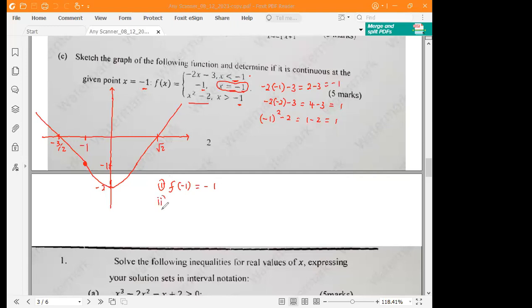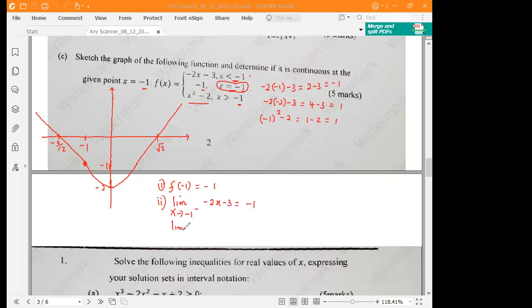The second thing is you find the limit as x goes to -1 from the left. From the left, you use the function that is up there. This gives us -1.